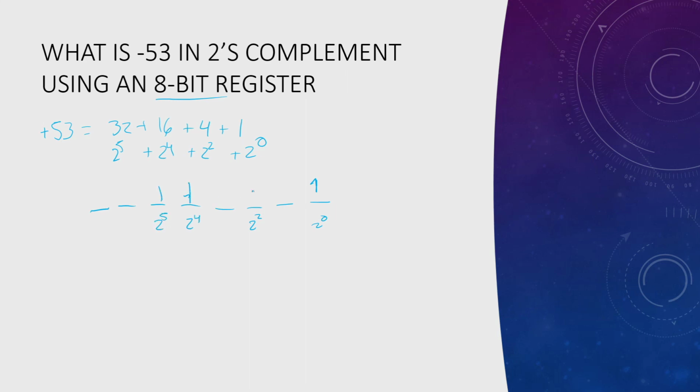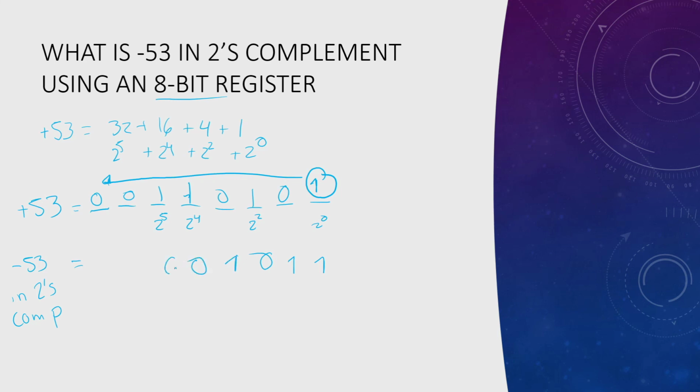Have 1s in those places. Fill the rest with 0s. That is plus 53. Figure out the least significant one and invert the rest. Remember, keep that least significant one. Negative 53 in 2's comp equals 1, 1, 0, 1, 0, 0, 1, and 1.